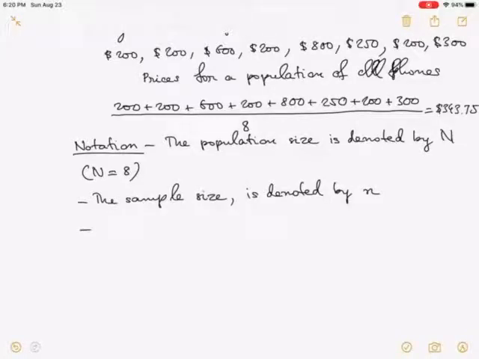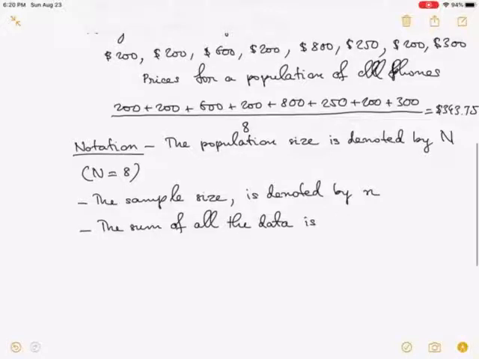The sum of all the data is denoted by capital sigma of x.